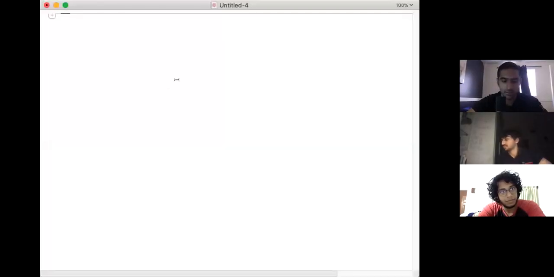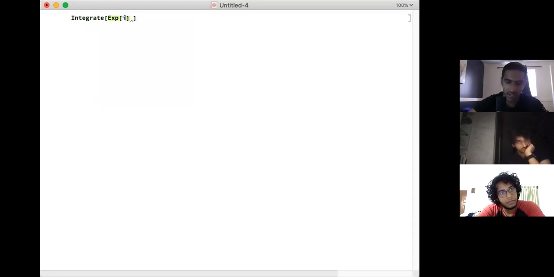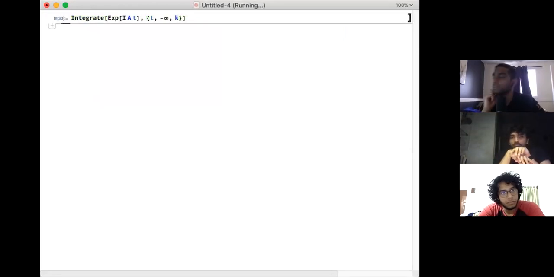Integrate for me the exponential minus I a times t, where t goes from minus infinity to k. I really hope that this will happen in reasonable time.